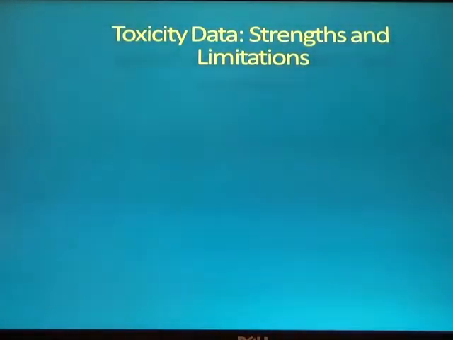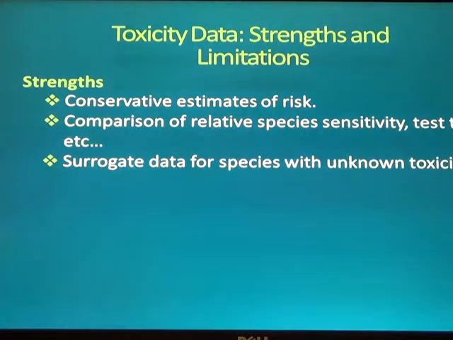So what are some of the strengths and limitations of the toxicity data that we have? The strengths: most of the estimates of risk are very conservative. Those toxicity data allow us to compare the sensitivity of different species and the sensitivity of the different test types.